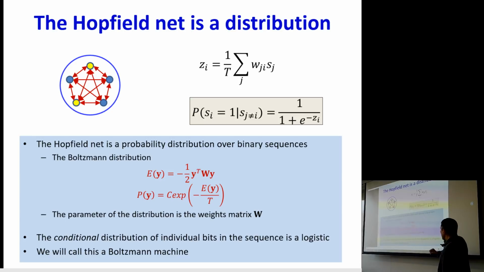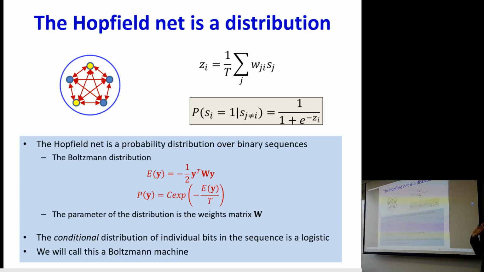So the Hopfield network can actually be viewed as a model for a probability distribution over bit strings, and the parameter of the distribution is going to be the weights matrix of the network. The conditional distribution of the individual bits in the sequence is a logistic.